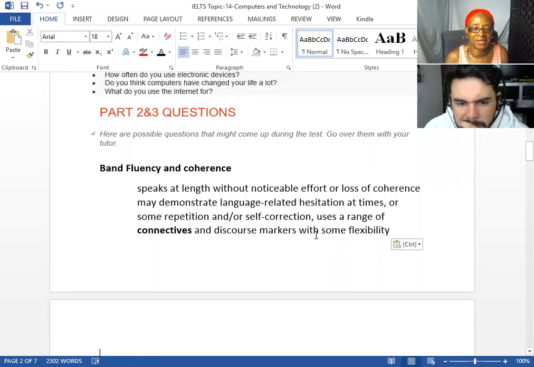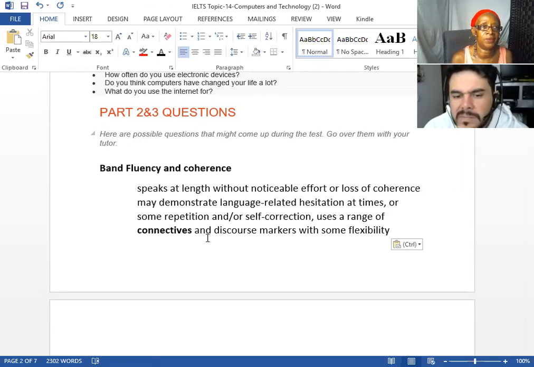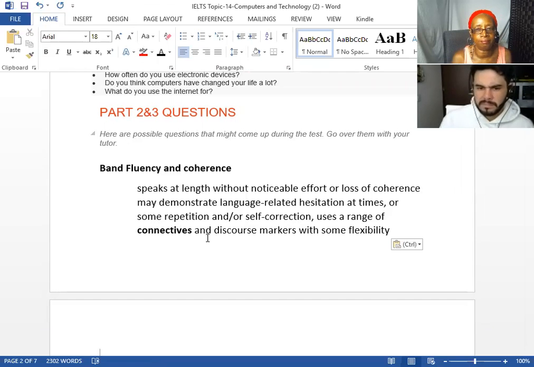You may show some hesitation at times, but you must use a range of connectives, and also, however, which are your transitional phrases and your discourse markers. A discourse marker is something like, well, you know, but I don't have a lot of them, okay?